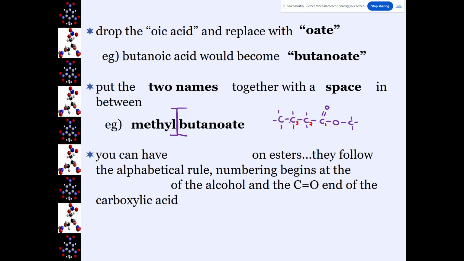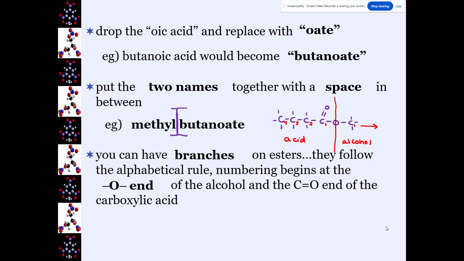As you go outwards, the number increases. That again is your acid side. On your alcohol side, you start at 1 and name outward if there was more than 1. Okay, so we will look at examples of naming these, but this is just your early little heads up.